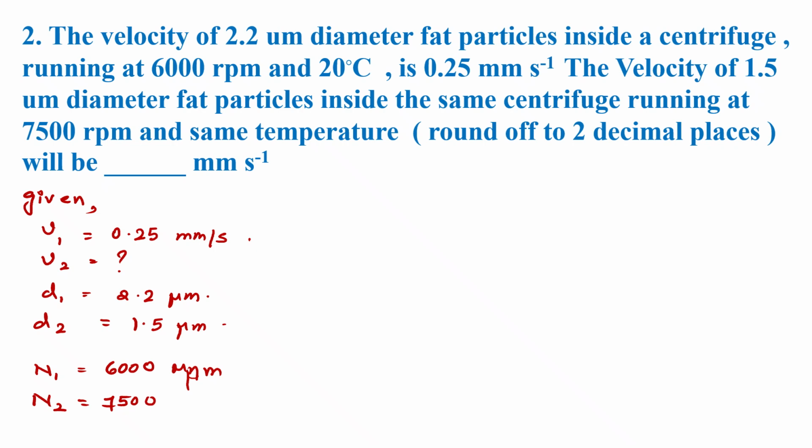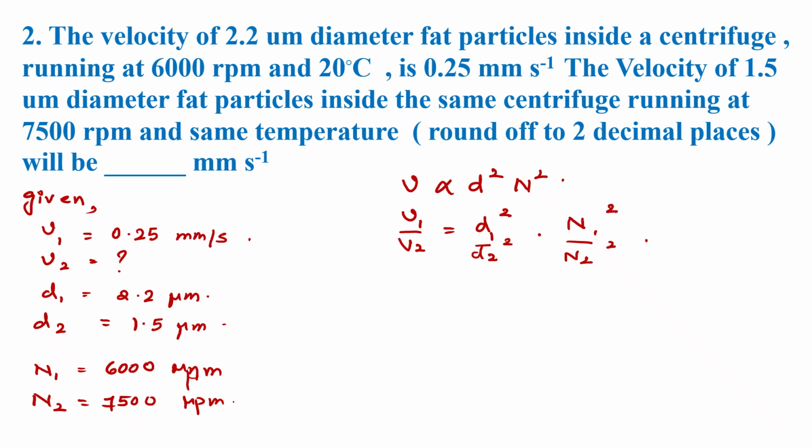Now we know that in the centrifuge, by the principle of sedimentation velocity, V is directly proportional to diameter square and rpm square. So we can just write the formula V1 by V2 is equal to D1 square by D2 square into N1 square by N2 square.